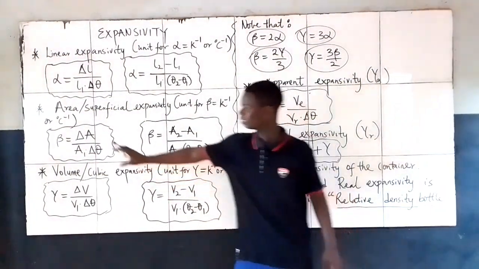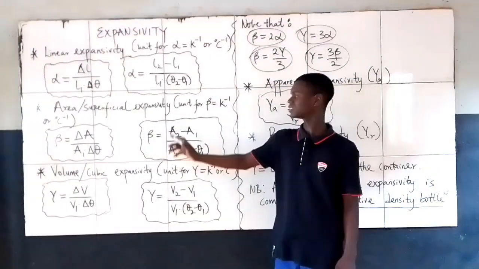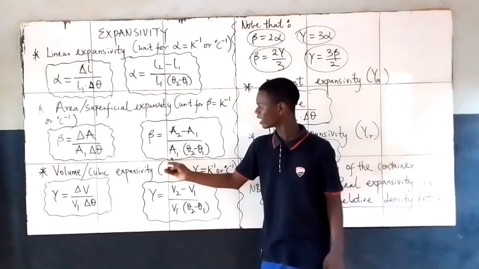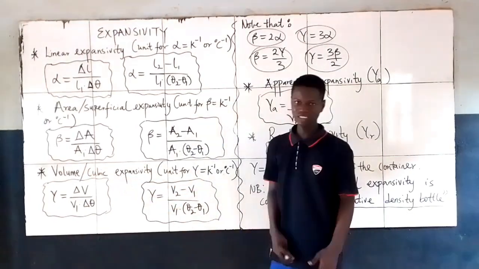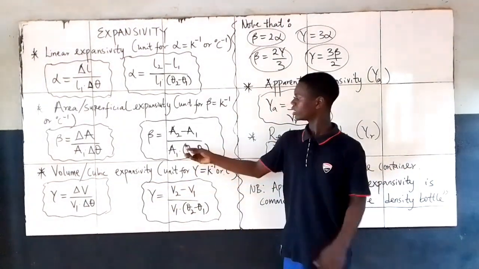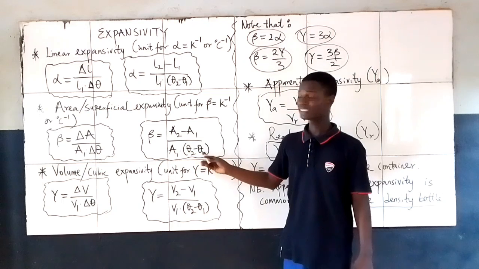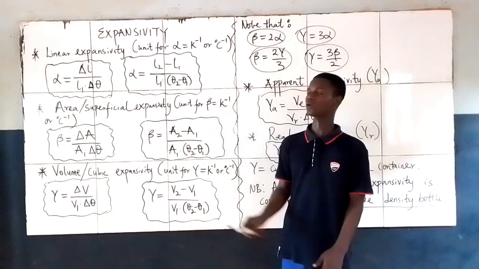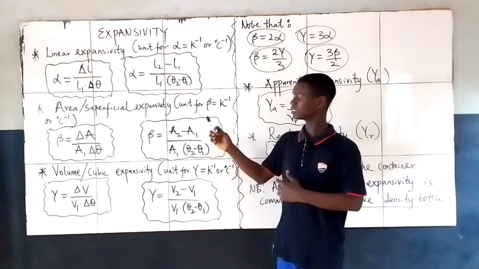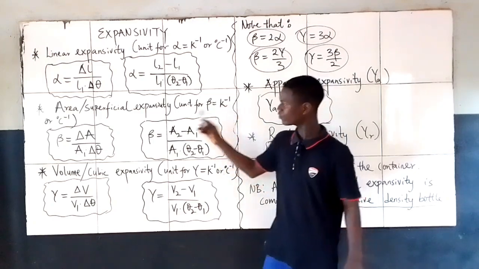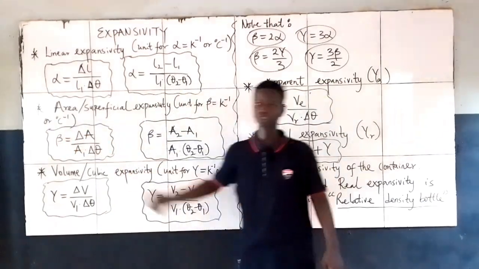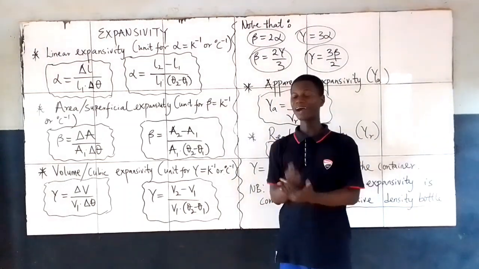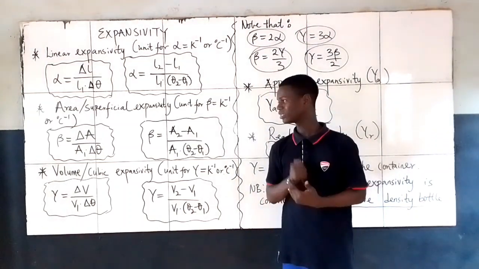Expanded, this is A2 minus A1, representing change in A, all over A1 times change in theta, which is theta 2 minus theta 1. The unit for area expansivity is also per Kelvin or per degree Celsius. All the expansivities have the same unit: per Kelvin or per degree Celsius.